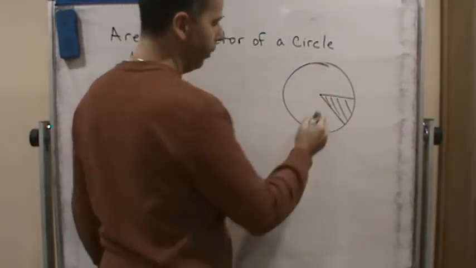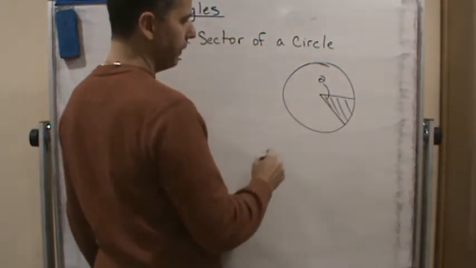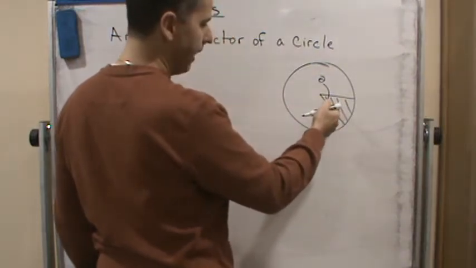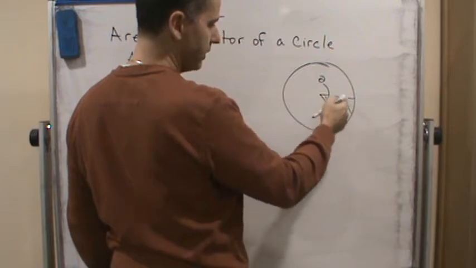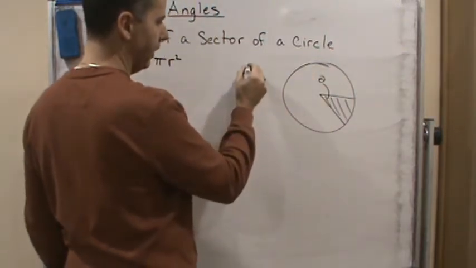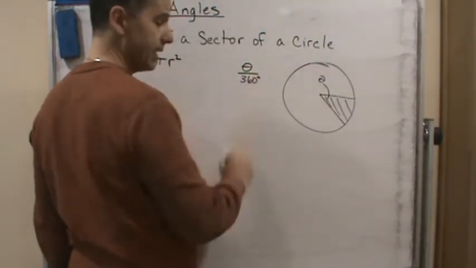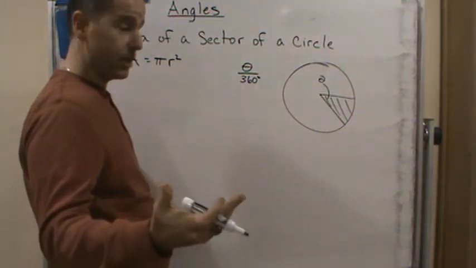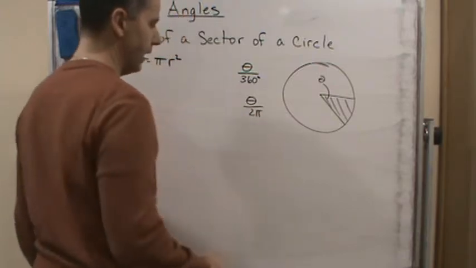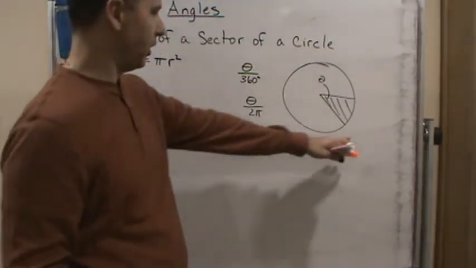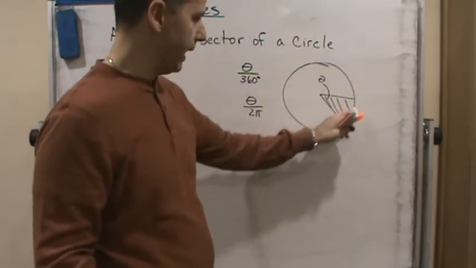If I know theta, the central angle here, then I can find what fraction of the whole circle this wedge, or sector, is by taking theta and dividing it by 360 degrees if I'm looking at degrees, or if I'm dealing with radians, the central angle divided by 2 pi. Both of these represent the portion of the total circle that's encompassed by this sector.